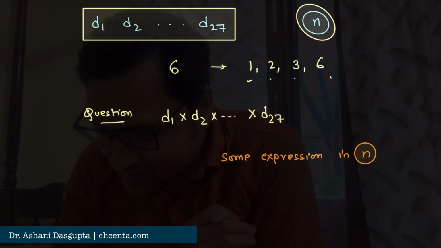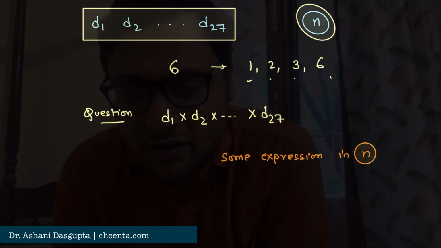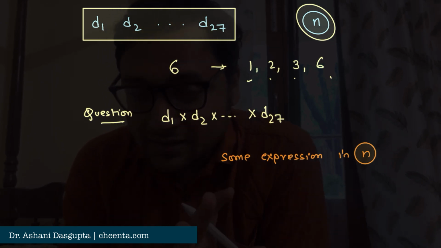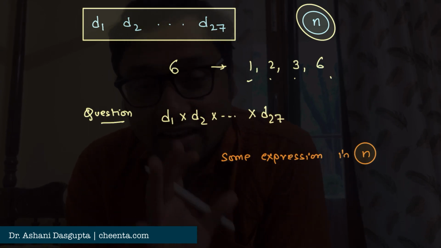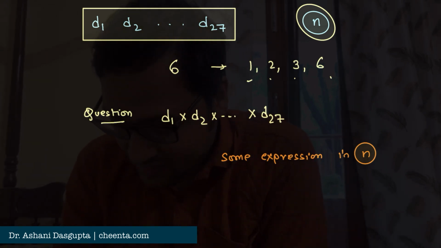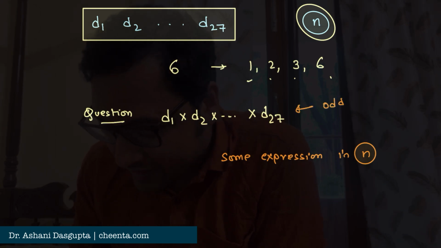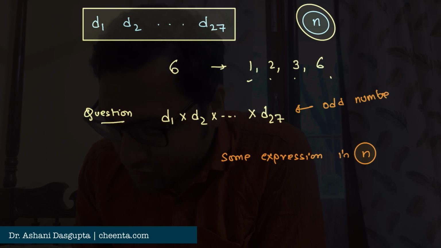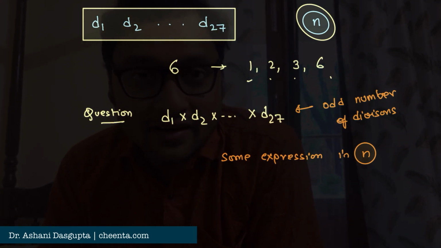The first thing that you have to realize, and this may not be needed directly in the problem, but it's a very important fact from elementary number theory: if a number has an odd number of divisors, then it's a perfect square.